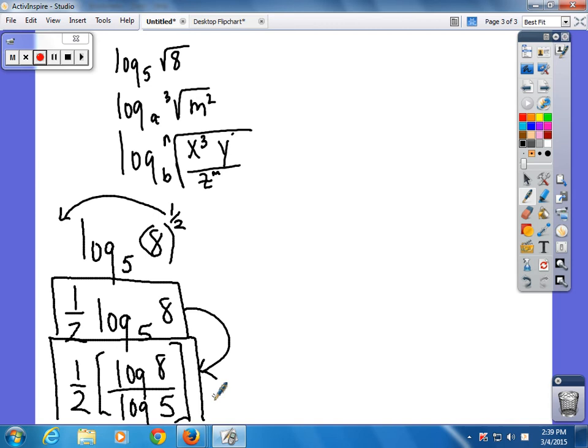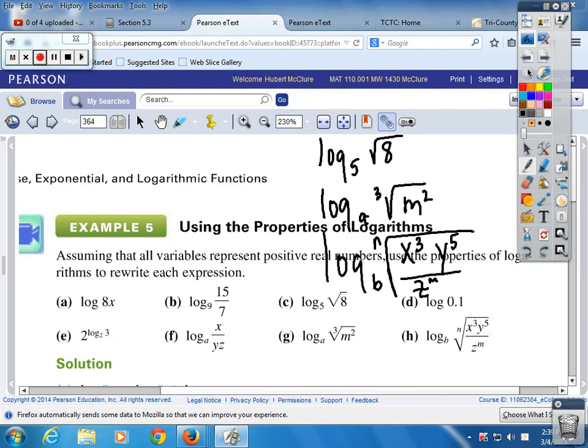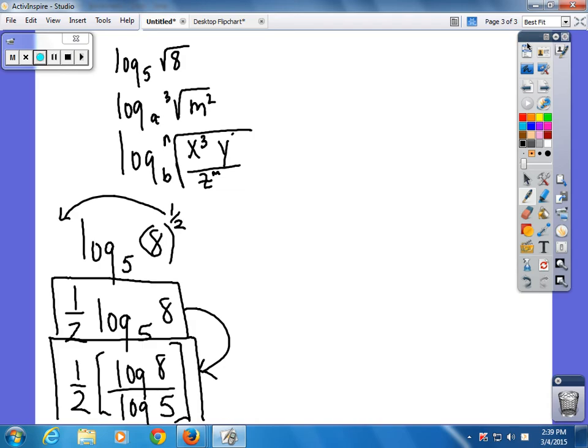So look in the example, what page were we on? 364. Somebody look on 364, number C, and see what the answer is. See if they wrote it in change base. They probably left it like this. Anybody got a book? We'll look in that.